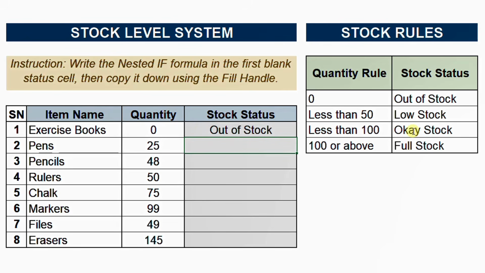Good. Excel has given the stock status for the first item. You see? Now remember, we don't want to write this formula again and again. What we are going to do is to drag the formula down.